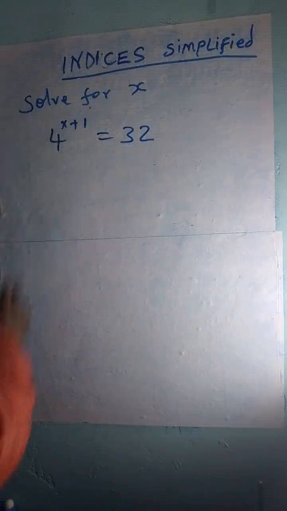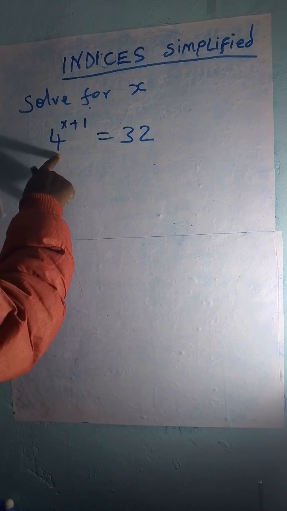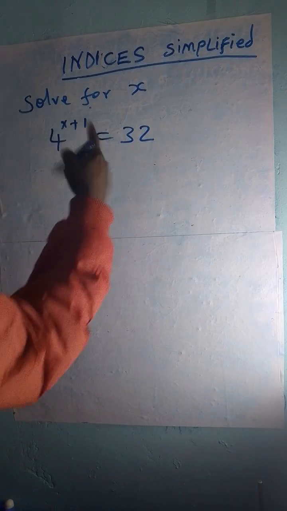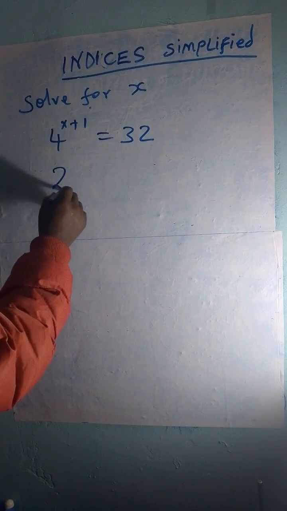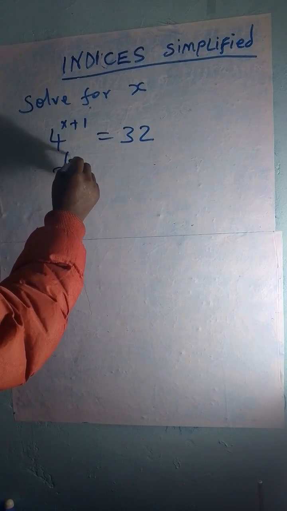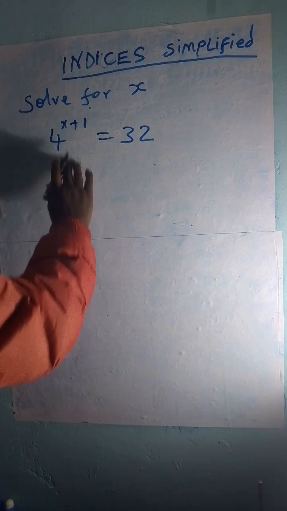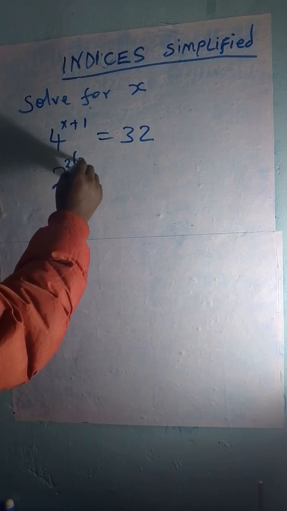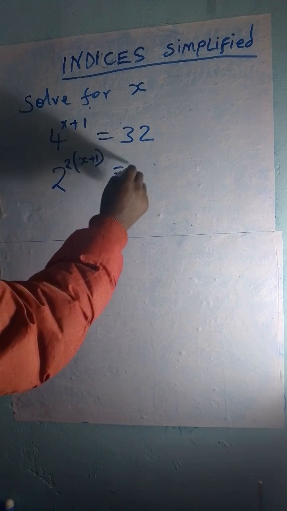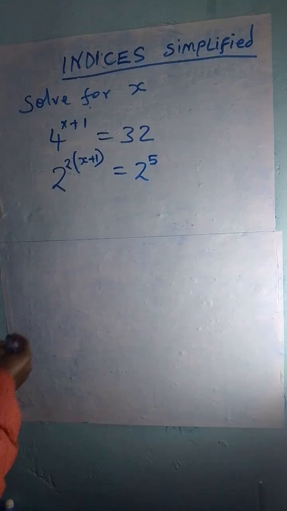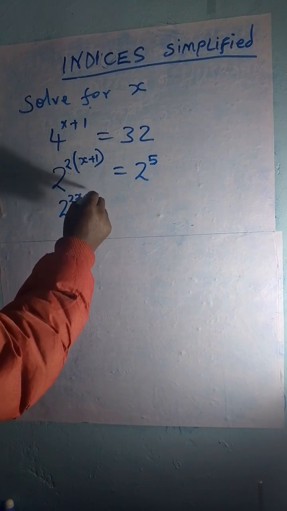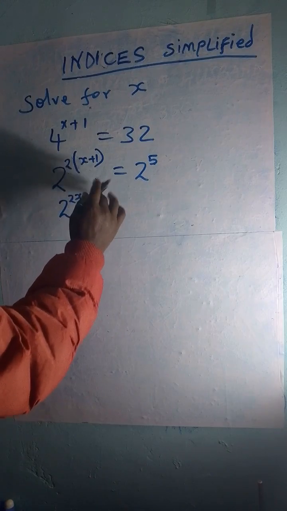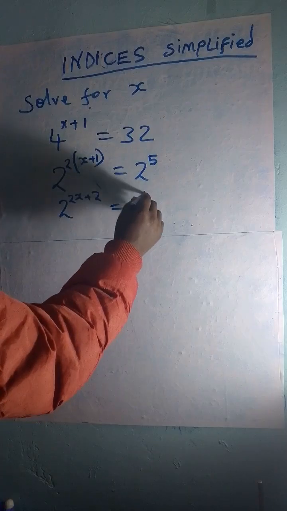Solve for x in this equation. Here there are two ways. One, let's write 4 and 32 to base 2 because both of them can be written to base 2. This is 2 raised to power 2 into x plus 1 equal to 2 raised to power 5. This is 2x plus 2 equal to 2 raised to power 5.